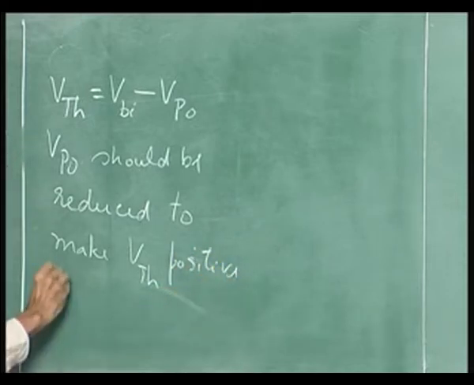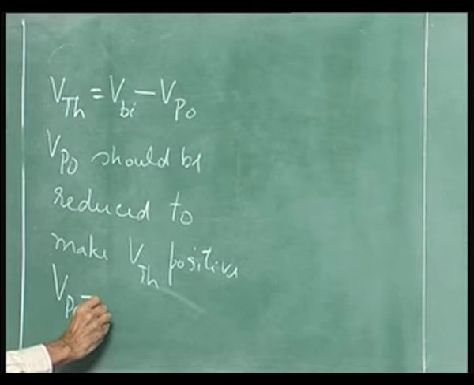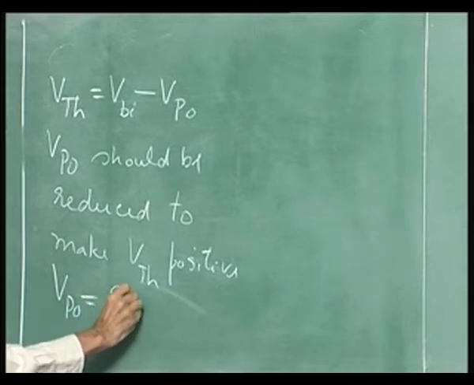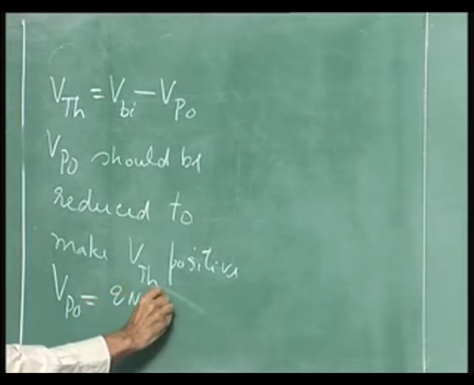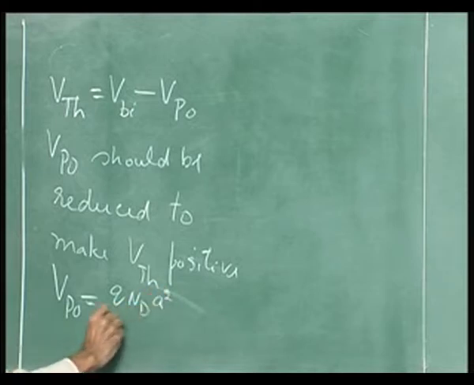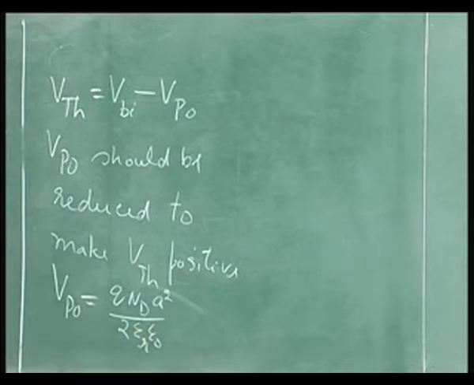Now, VP0 is q N_d a squared divided by 2 epsilon, that is VP0.